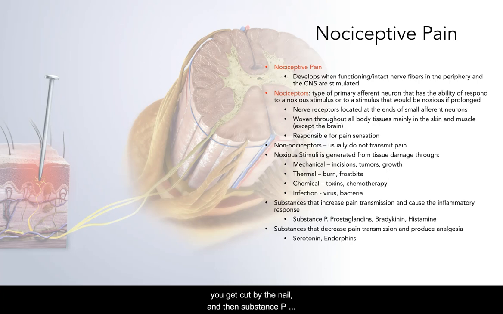You get cut by the nail, and then substance P, prostaglandins, bradykinin, and histamine are all released. And these increase the pain transmission and cause the inflammatory process to start.